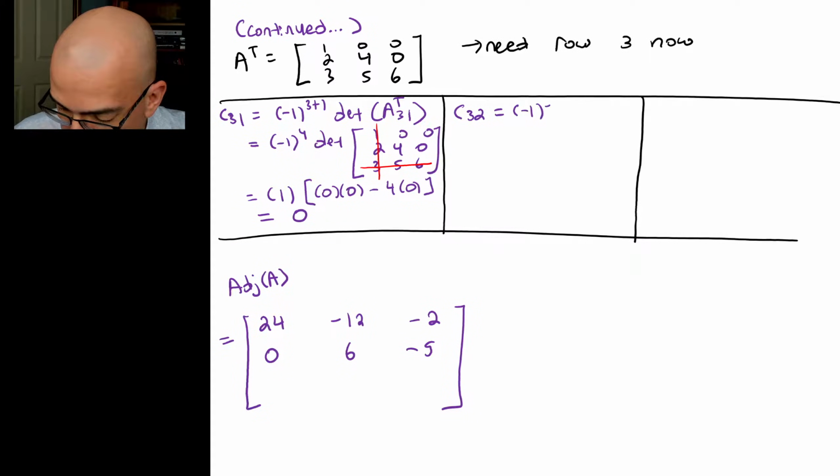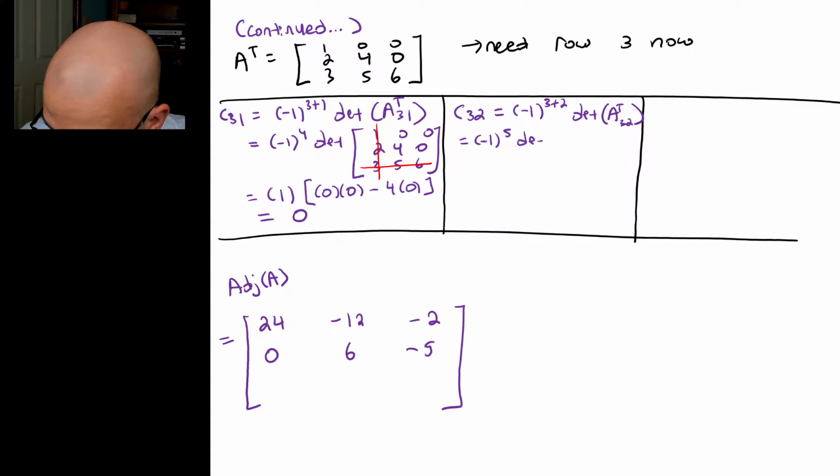Okay, now we do the next entry over, C32. Negative 1 to the power of 3 plus 2, determinant of A transpose 3, 2. So negative 1 to the power of 5. Make a copy of that matrix: 1, 0, 0, 2, 4, 0, 3, 5, 6.